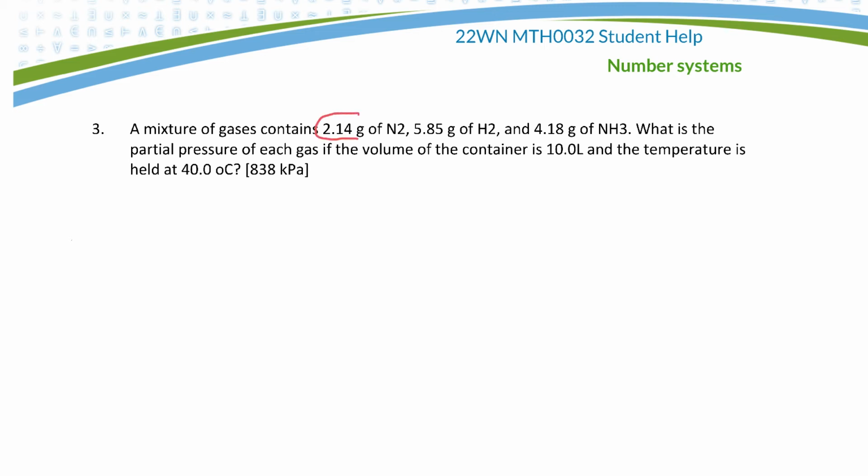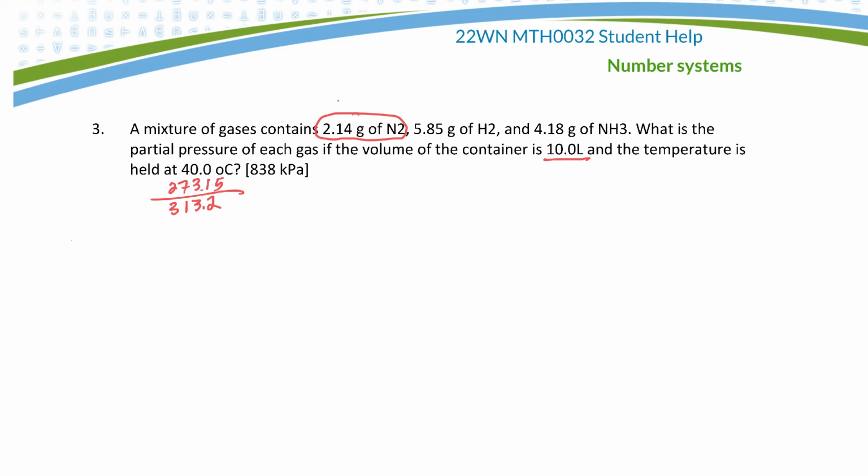Take nitrogen, for example. They tell me how many grams of nitrogen I have. They also tell me how big the container is and what the temperature is. Let me fix that right away. I think that's 313, 1 decimal place, so 313.2. You'll see in the calculation we do later that it won't make a difference.